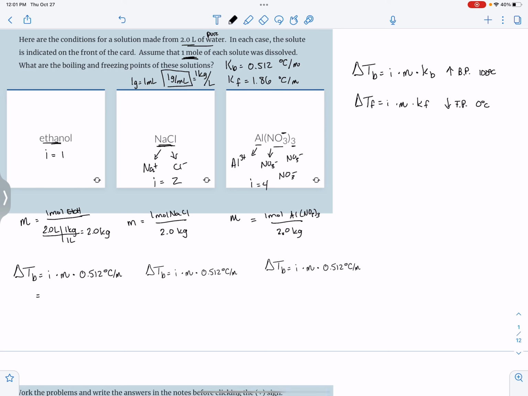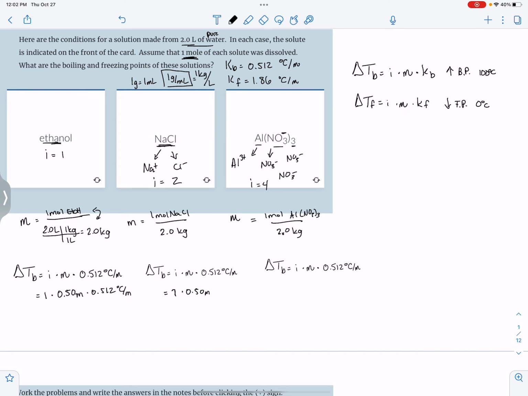So I'm going to fill this in. This is 1 times, and you can probably do this math in your head without doing a calculator. What's 1 divided by 2? You know this, it's 1/2. So 0.50 molality times 0.512 degrees Celsius per molality. Now I'm going to do this one, and I'm going to do 1 times 0.50 molal.